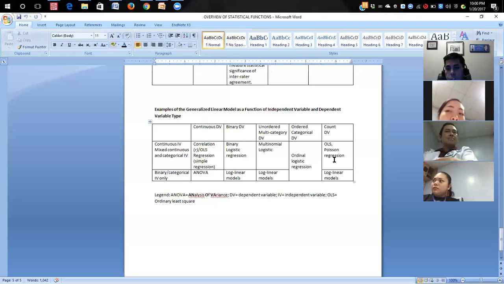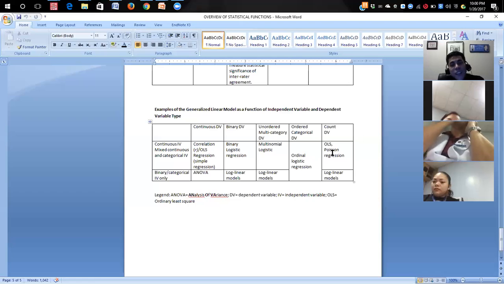Poisson regression is for if you want to know a model, like what is the risk of someone having a bike accident if you use path A versus path B, and it's called count dependent variables. So if you want to know what would be your chance that you will have an accident if you are a biker, for example, in a certain path, that's what you call Poisson regression.